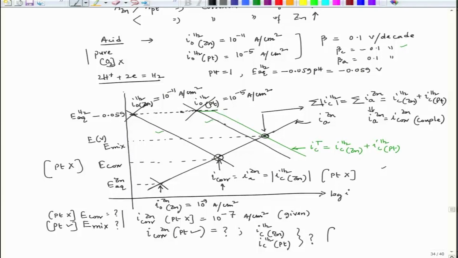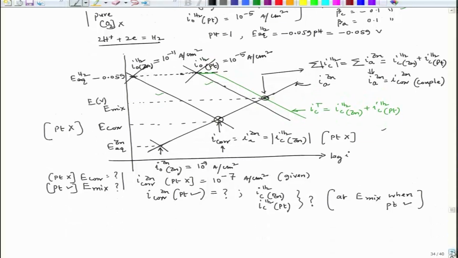We have to find out at E mix when platinum is present. So, we have to solve this. So, in order to solve this, we have to go step by step.